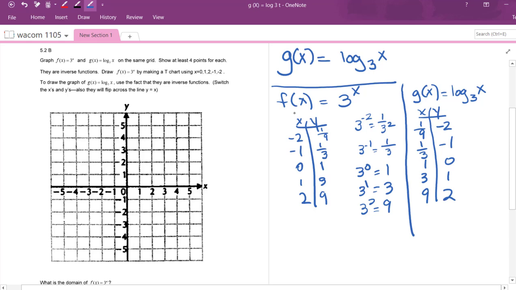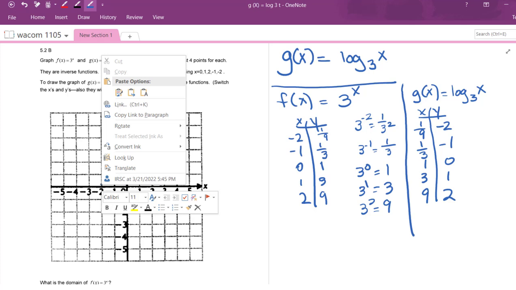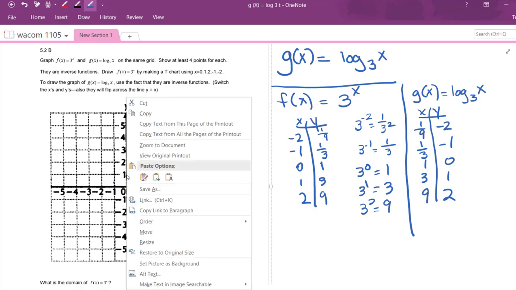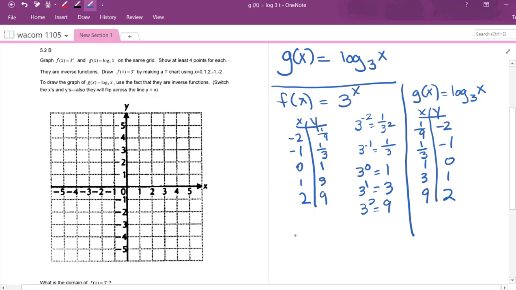So first of all, if we do 3 to the x, I have -2 and 1/9, so a tiny bit. All right, I have -1 and 1/3, so up a little bit more. 0, 1. Sensitive tools here. 1, 3.